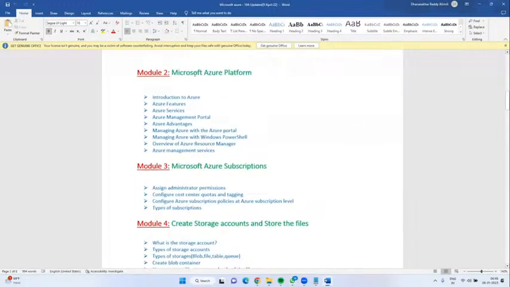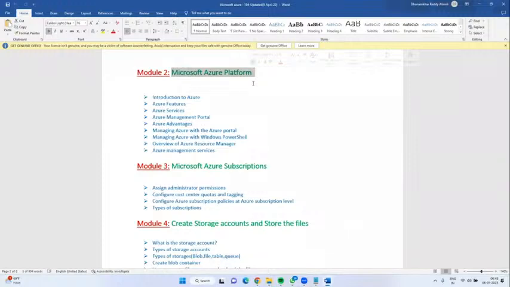Module two, Azure platform. We will go through the Azure portal. In the Azure portal, as I said, Microsoft provides more than 200 services. Out of them, which services can we consume as per our business requirement? One project may require two VMs, another project may require an artificial intelligence service, and another may expect data science related services.